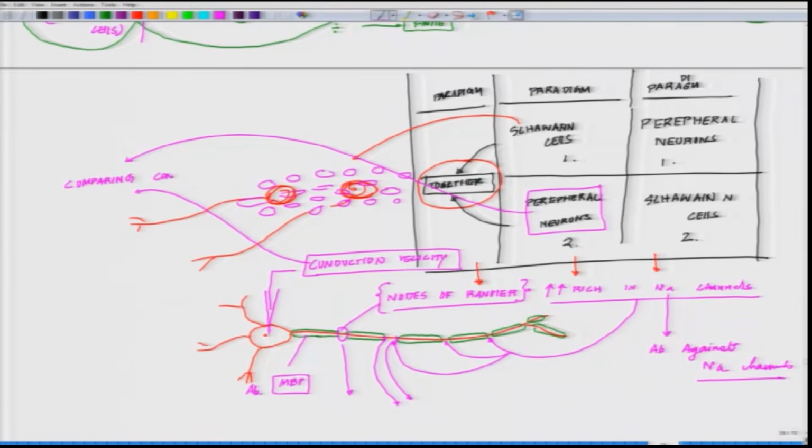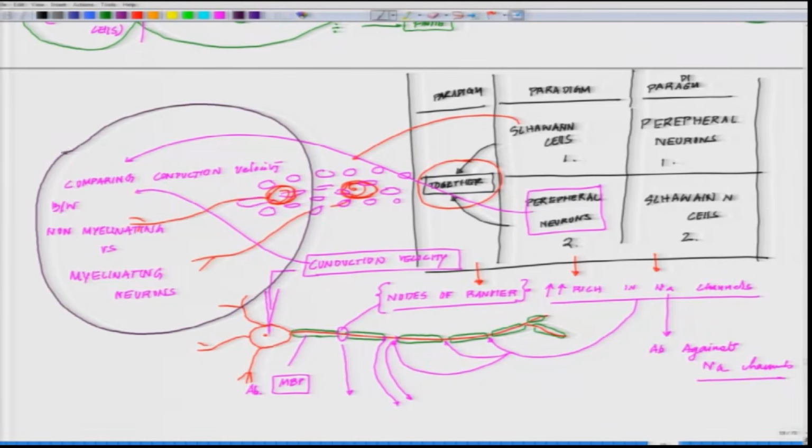Comparing conduction velocity between non-myelinating versus myelinating neurons. Then only you will be able to make a claim of whether you have achieved it or not.